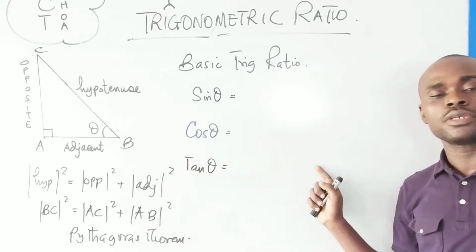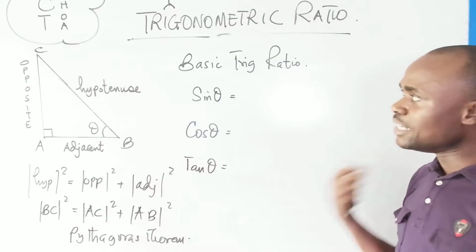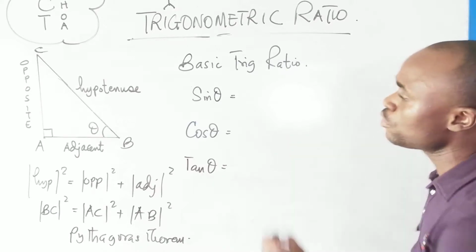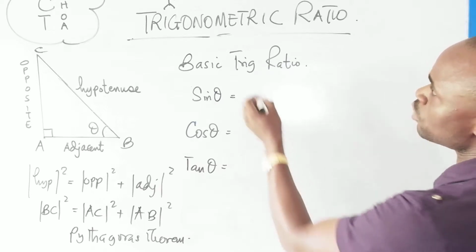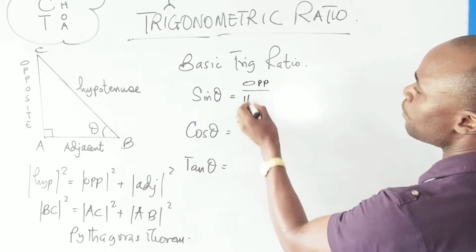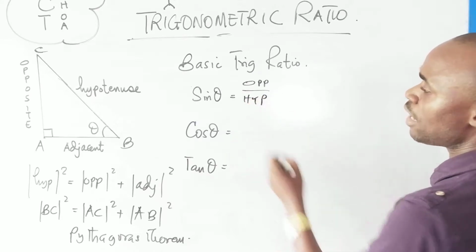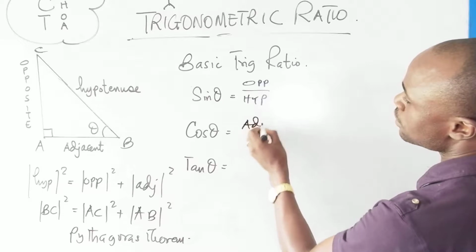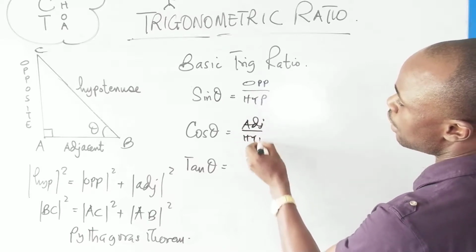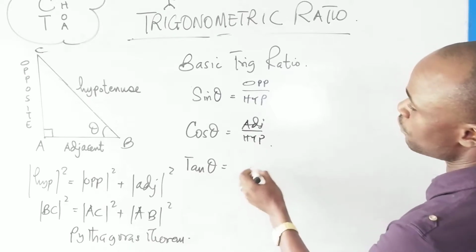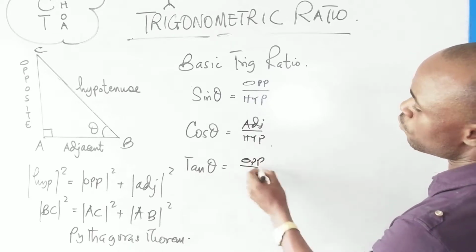These three ratios, as you can see, are named with respect to the unique sides of the right angle triangle. So we have the sine theta to give us the opposite divided by the hypotenuse side. Then we have the cos theta to give us the adjacent over the hypotenuse side. And we also have tan theta to give us the opposite over the adjacent.